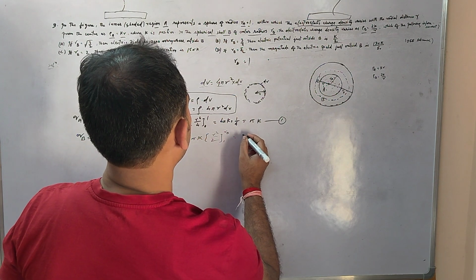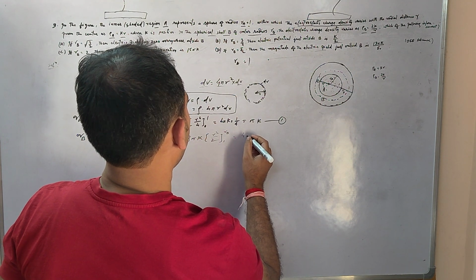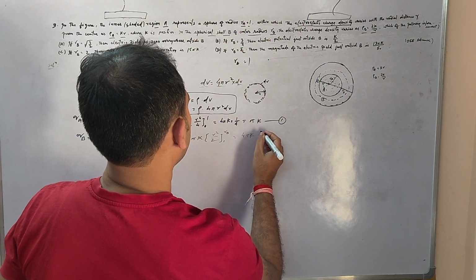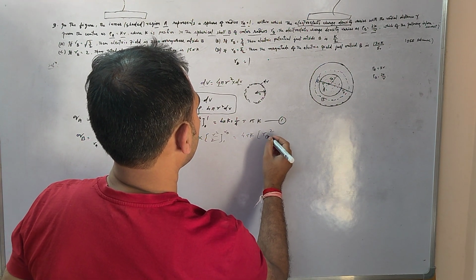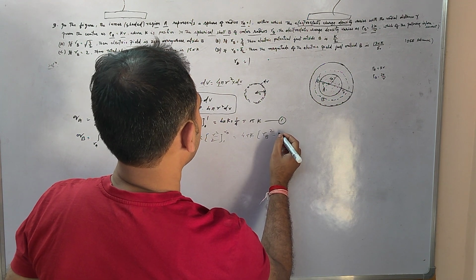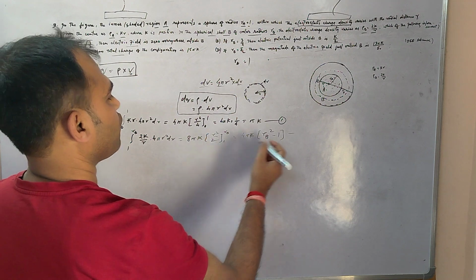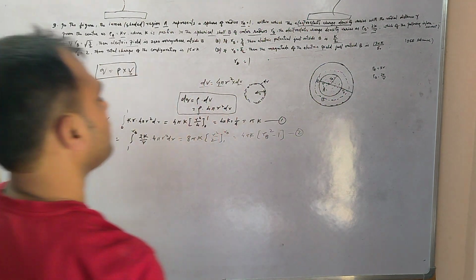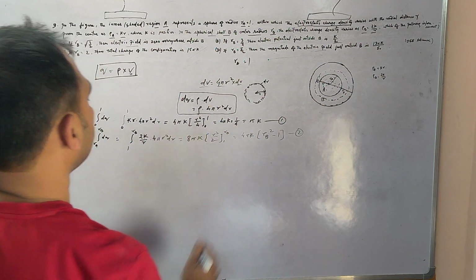So this will become 4 pi k into RB square minus 1 square. So this is QA and this is QB.